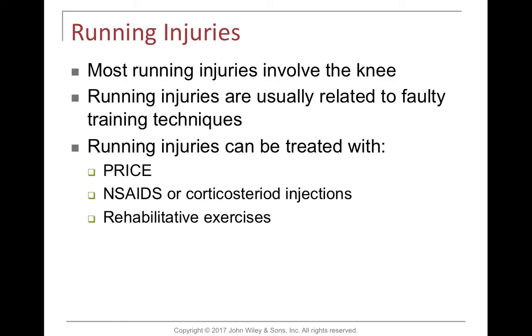And then sometimes we have non-steroidal anti-inflammatory drugs being used, or local injections of corticosteroids that will help to reduce inflammation. And then an alternate fitness program could be necessary to stay active during the recovery period, followed by careful rehabilitative exercises.